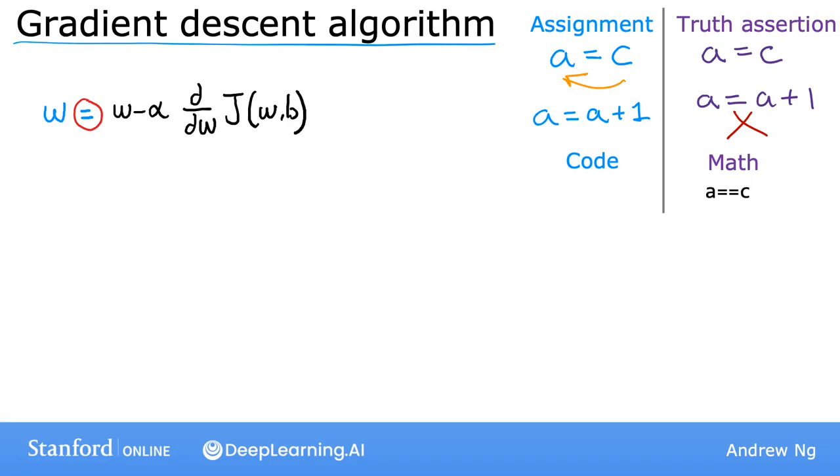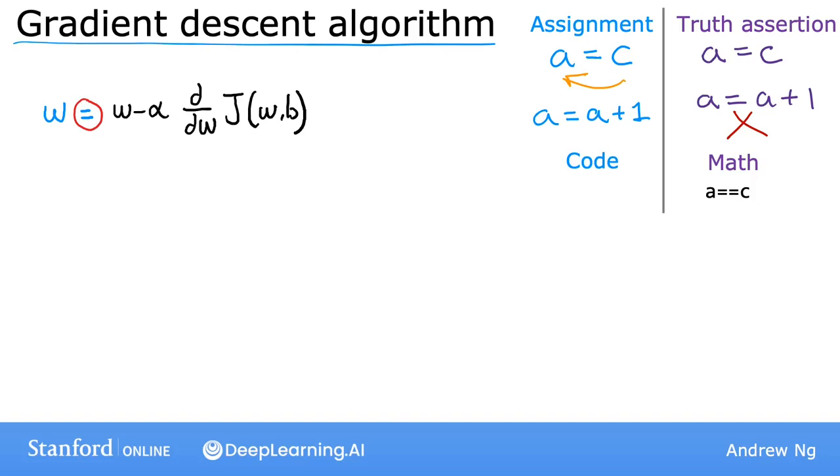So you may see code that says a equals equals c if you're testing whether a is equal to c. But in math notation, as we conventionally use it, like in these videos, the equal sign can be used for either assignment or for truth assertion. And so I'll try to make sure it's clear when I write an equal sign, whether we're assigning a value to a variable or whether we're asserting the truth of the equality of two values.